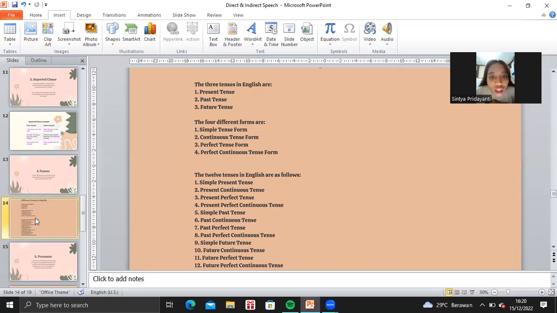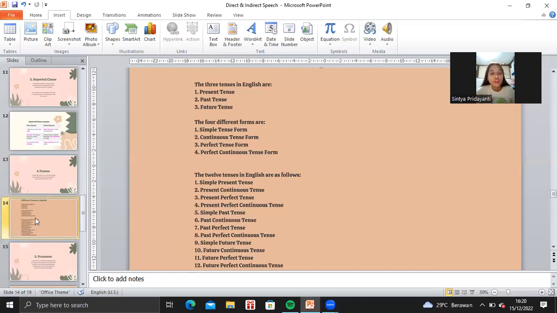And for the 4 different forms: the first is the simple form, second is the continuous form, third is the perfect form, and number 4 is the perfect continuous form.